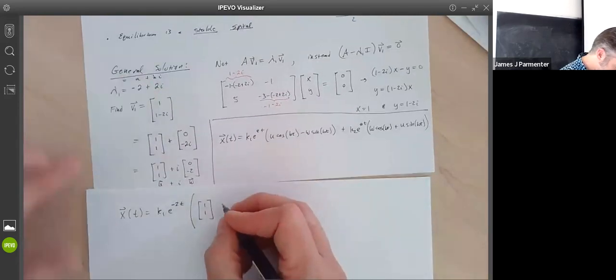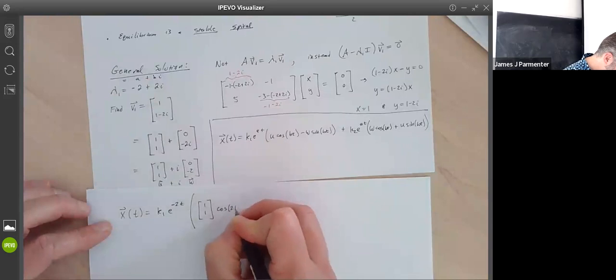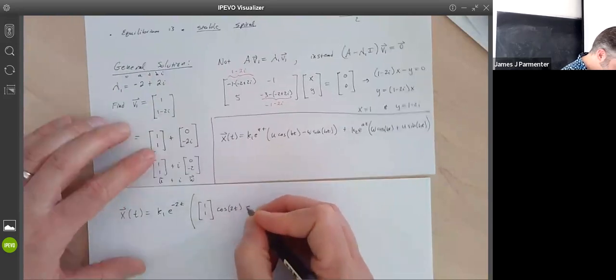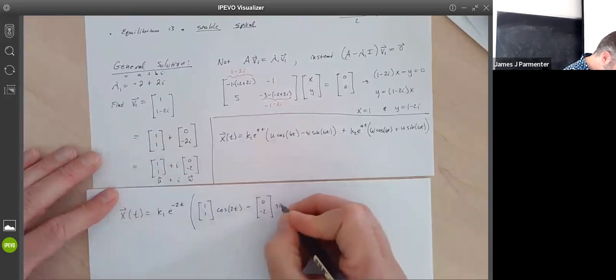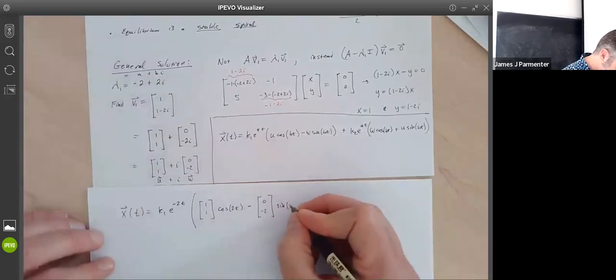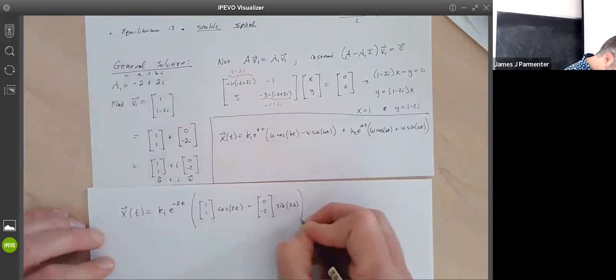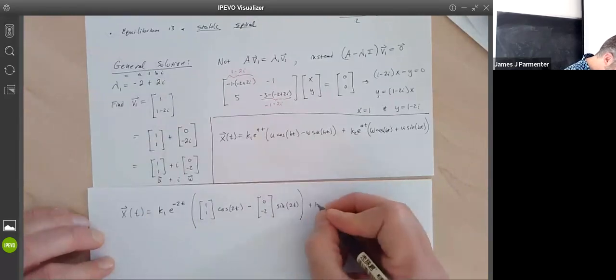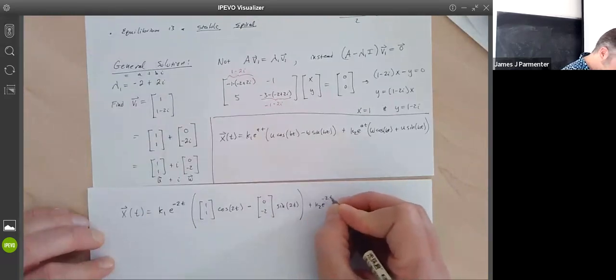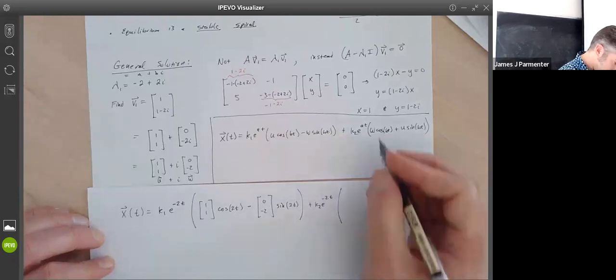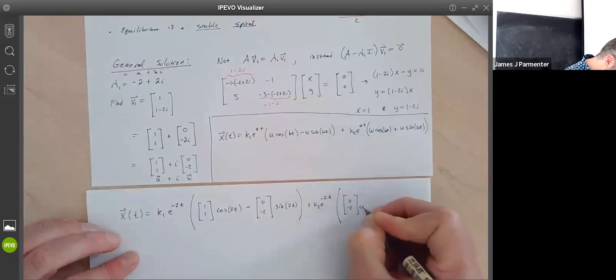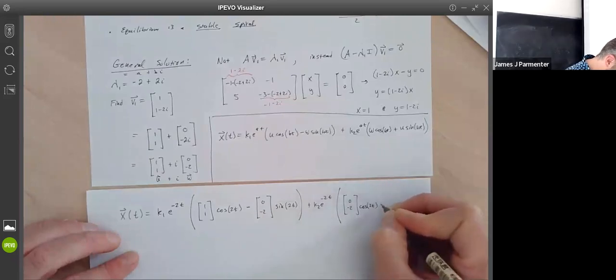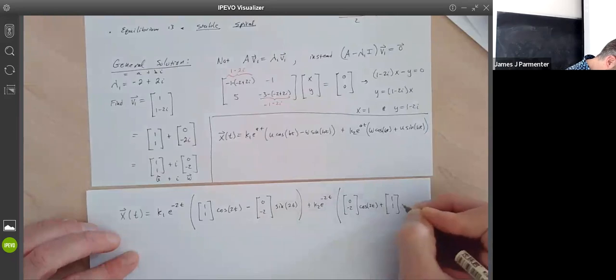B is +2, so cosine of 2t, minus W, which is the vector 0, -2, times sine of BT, B is still 2, plus K2 e to the -2t times W, which is 0, -2, cosine of 2t plus U times sine of 2t.